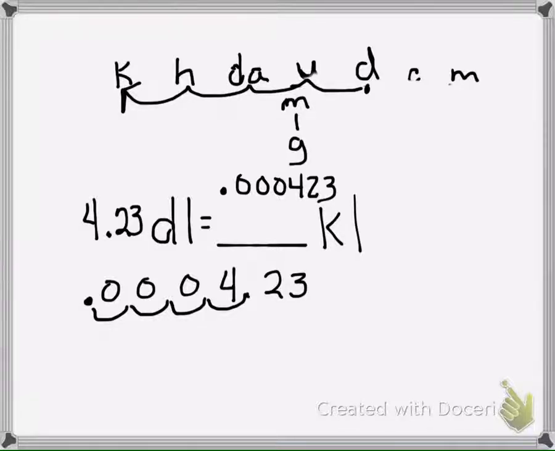So that would be 423 millionths of a kiloliter. All right, so this is how we convert back and forth between different size things in the metric system. It's not too confusing, I hope.